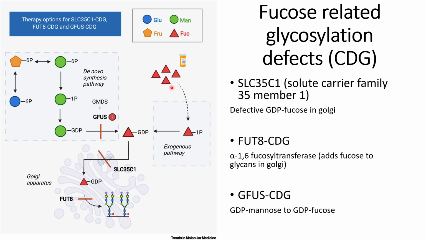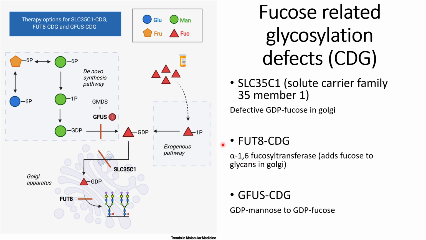This oral fucose, through the fucose 1-phosphate exogenous salvage pathway, will help in providing sufficient GDP-fucose. So in case of number 1, the defective GDP-fucose will be compensated by GDP-fucose produced via oral fucose through this exogenous pathway, which will help in overcoming the defect in fucosylation in the Golgi.